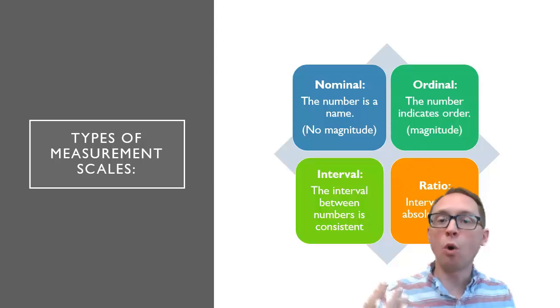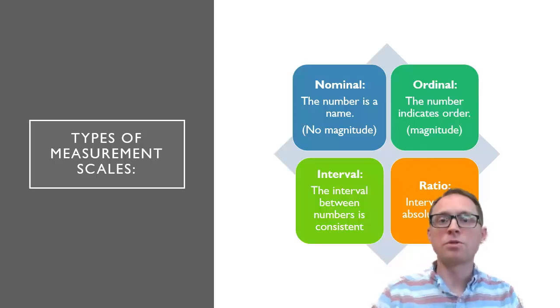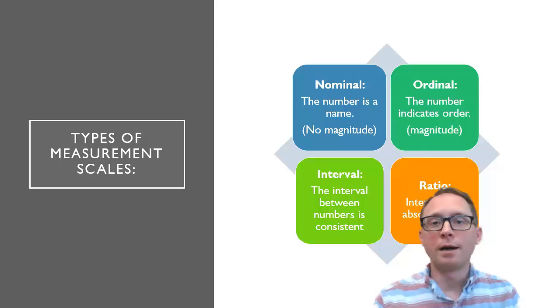When a number is ordinal, then it means that the number means more of something. So let's say that we're doing stupid tricks. I'm making something up off the top of my head right now.